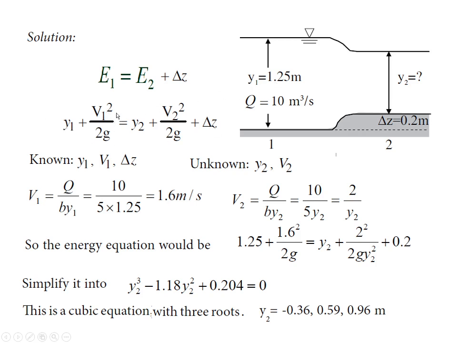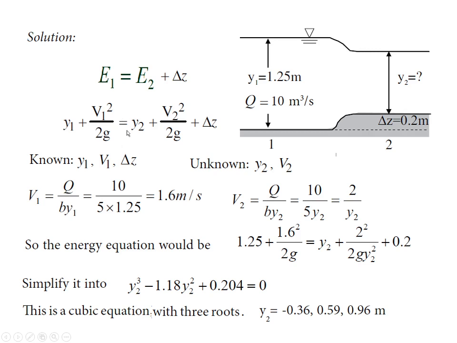V1 is unknown, but we have Q, therefore we can easily calculate V1 from the continuity equation. Delta Z is at hand, but y2 and V2 are not, and let's see how we can solve it.